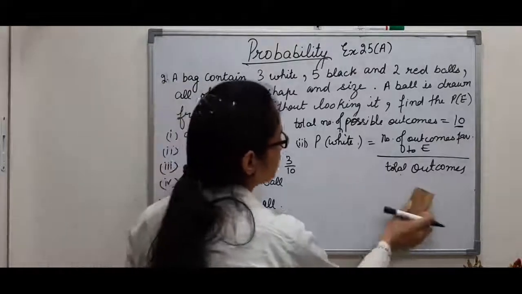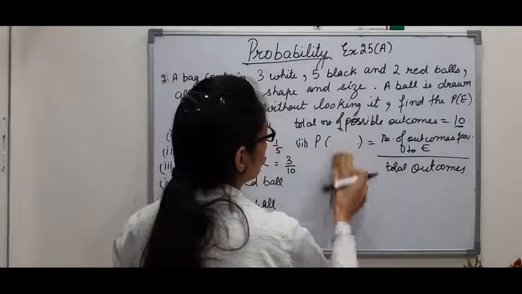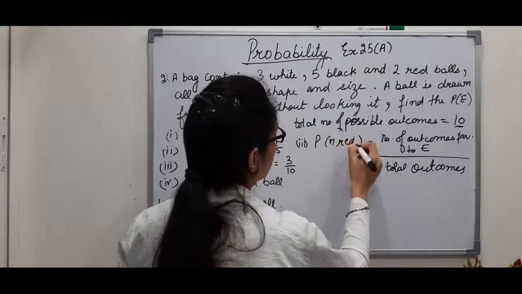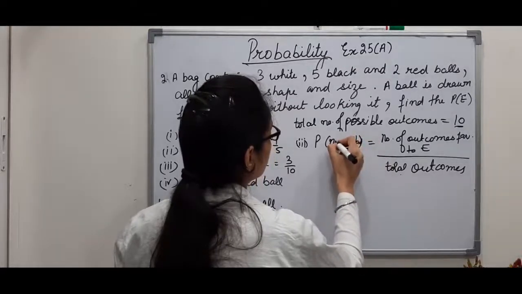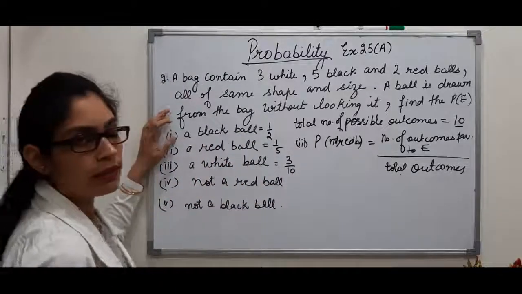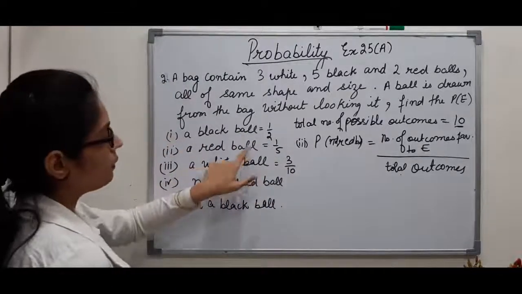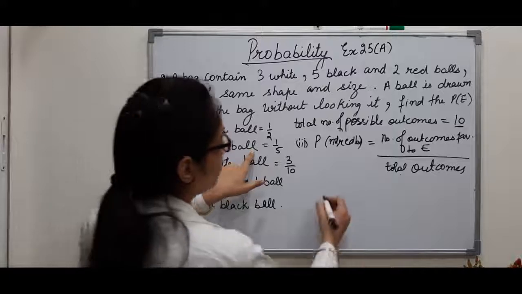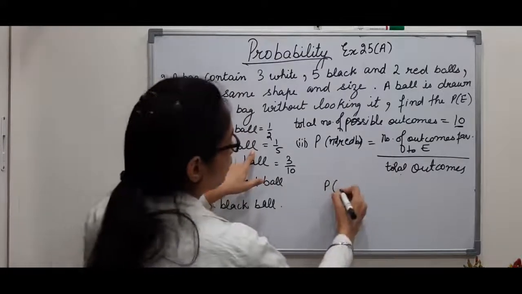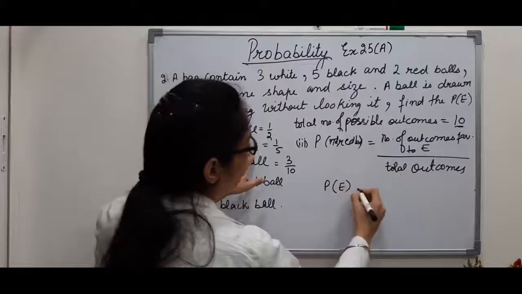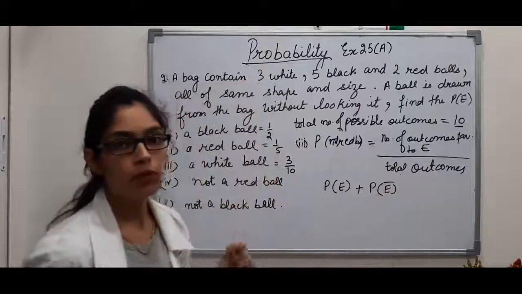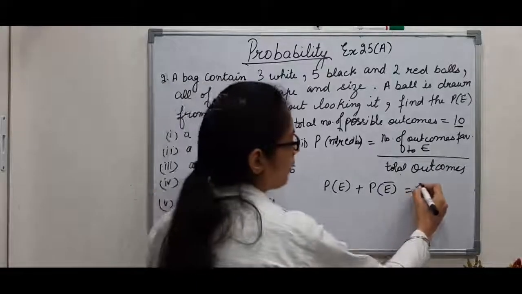See, if a ball is not a red ball, there are 2 ways. So I will tell you the easy way. What was the probability of a red ball? The probability of a red ball is 1 by 5. So the probability of a red ball and the probability of not getting a red ball will be complementary events.